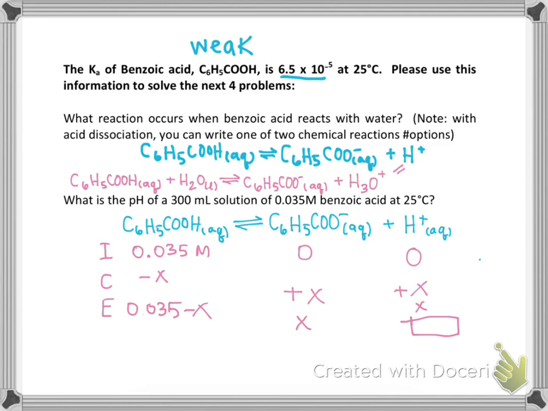And so now it's time to use our Ka value to solve for X. So we know our Ka is going to be our aqueous products over our aqueous reactants.